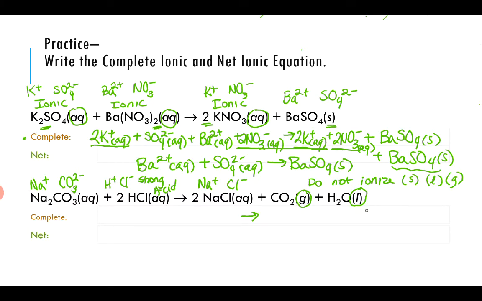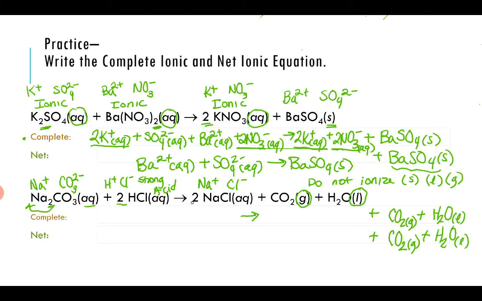So I can go ahead and copy those down before I forget and get carried away ionizing things. Not a 3, that was supposed to be a 2. Okay, and so I'll just start from the beginning. That 2 is going to come out in front, and that 2 is going to distribute.